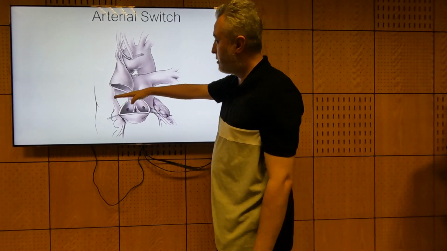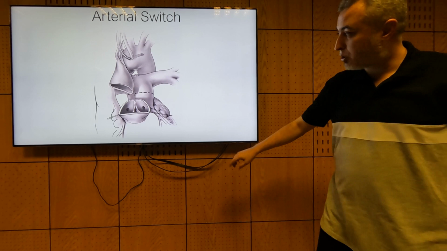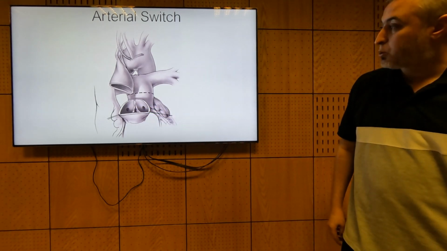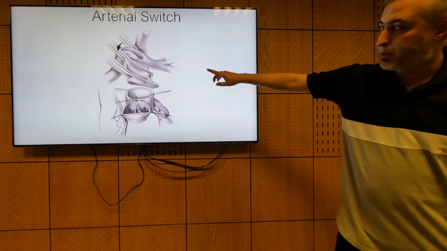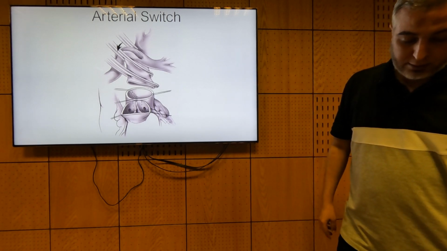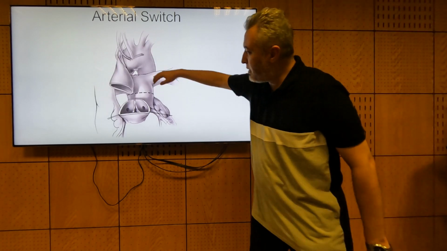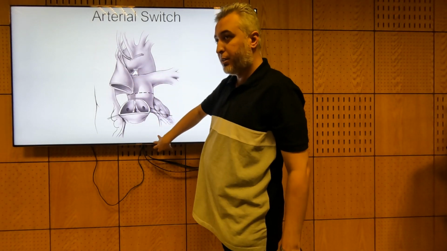So we transect both arteries. You can see coronary arteries coming from the facing sinuses of the aortic root. You also transect the pulmonary artery, and then we want to connect the posterior PA branches into the anterior ventricle.